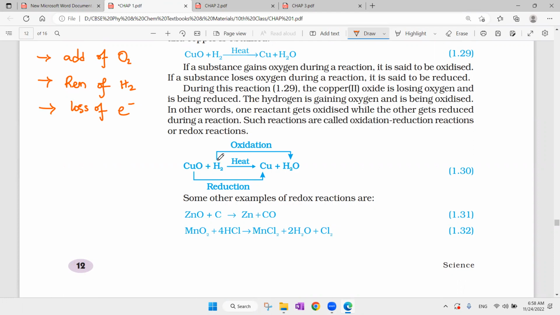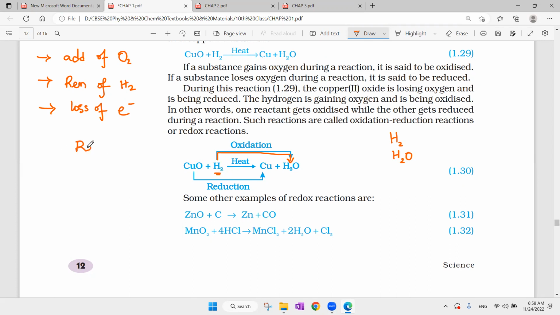Now, for hydrogen, H2, oxygen is added. On the reactant side we have just hydrogen, on the product side we have H2O. Means H2 is becoming H2O. Oxygen is added, so H2 is undergoing the oxidation process.